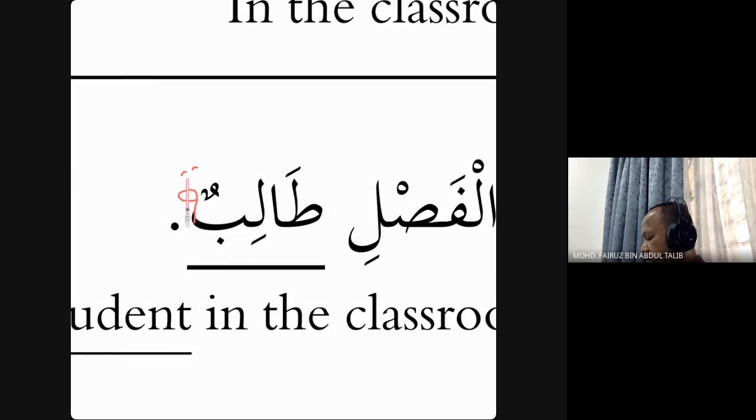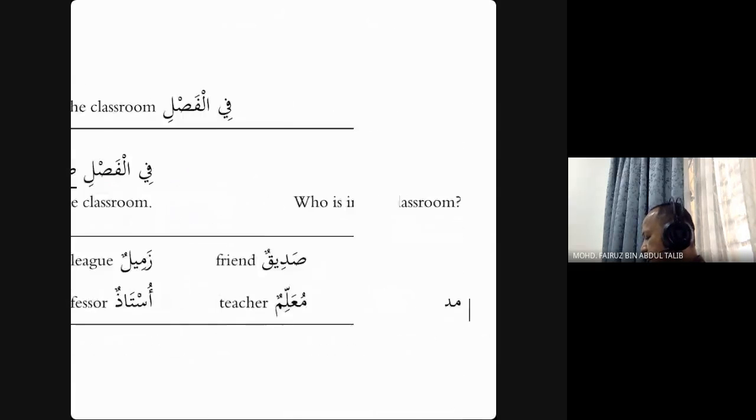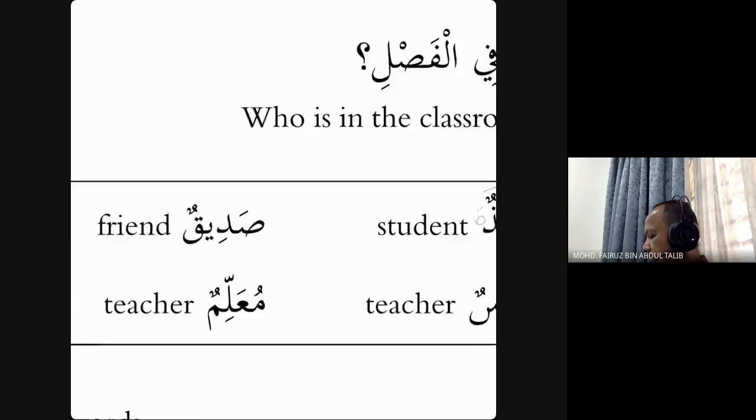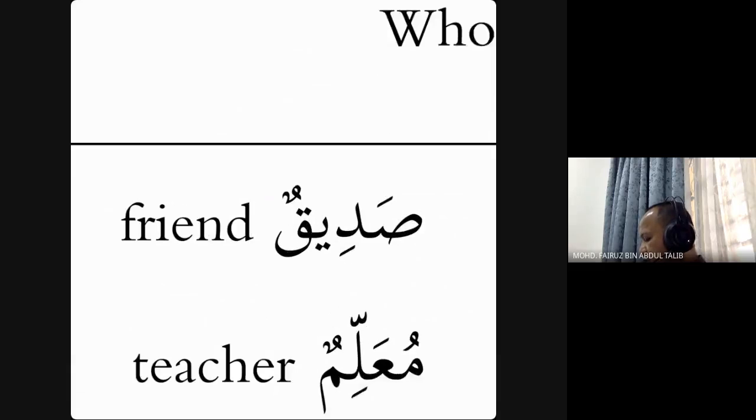Now we add this ta, so it becomes taliba. So similarly to this word, tilmiz, if you want to say a female student, then you add this ta, so it becomes tilmiza. Yes, thank you, tilmiza. Okay. So now that is another word for student, tilmiz.